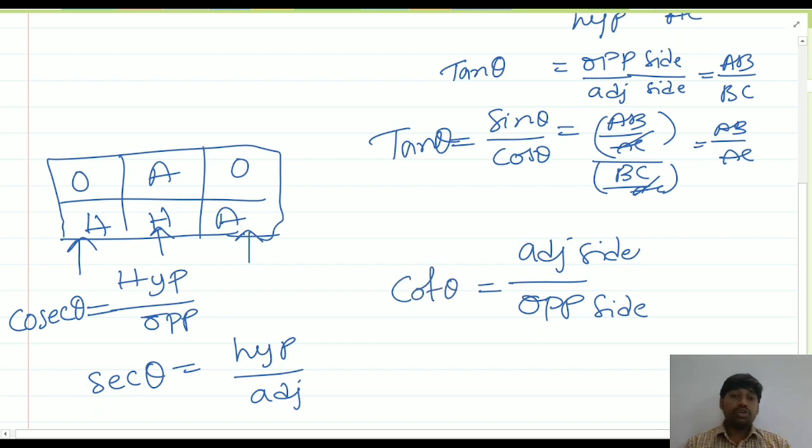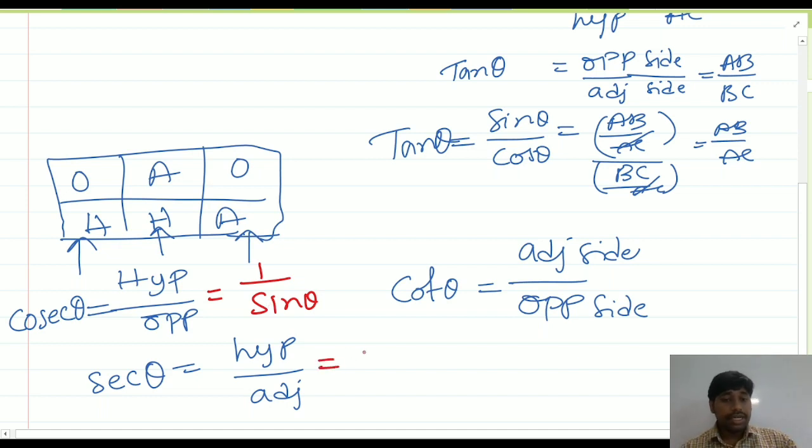If you observe properly, these are simply the notations: 1 by sin theta, because sin theta is opposite by hypotenuse and hypotenuse by opposite is 1 by sin theta.